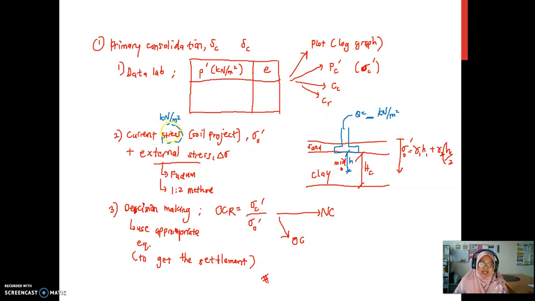So calculate the current stress at the middle of the clay, and then you can use either the Fadum or 2-to-1 method. Then you start the decision making to obtain the settlement. Do the OCR, whether it is NC or OC.